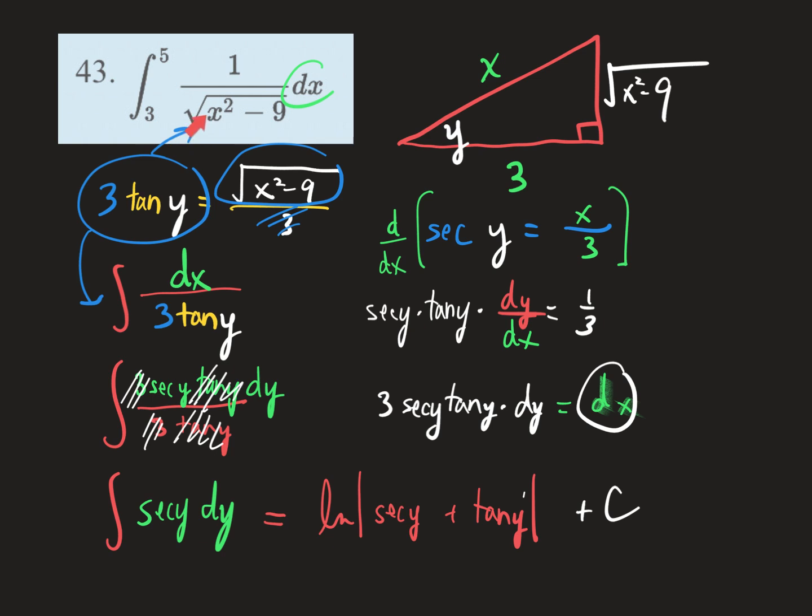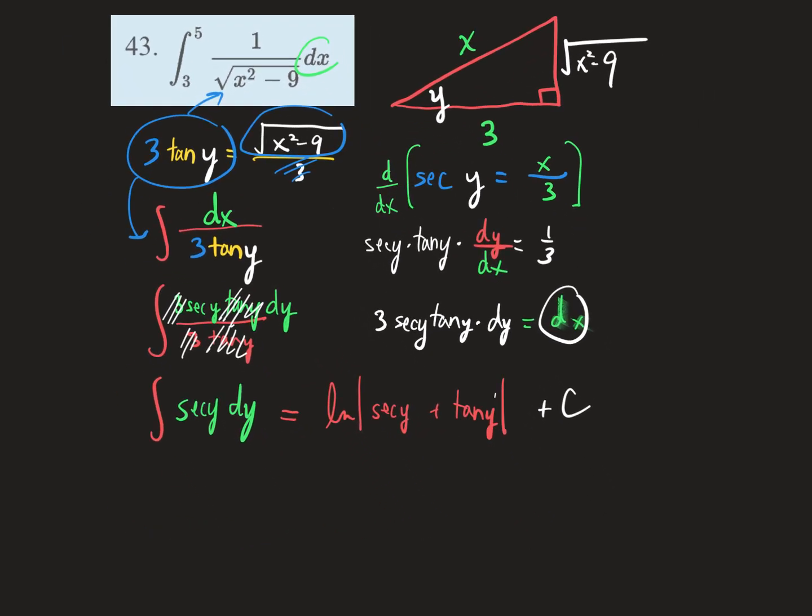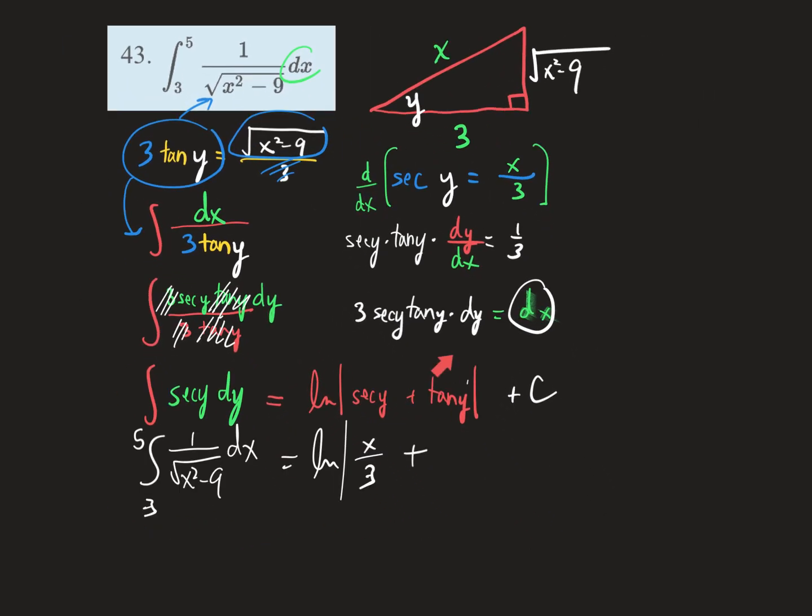So let's go ahead and put things back in terms of x by using our triangle. Secant of y is hypotenuse over adjacent, or x over 3. And tangent of y is the root over 3, or opposite over adjacent. And from 3 to 5.